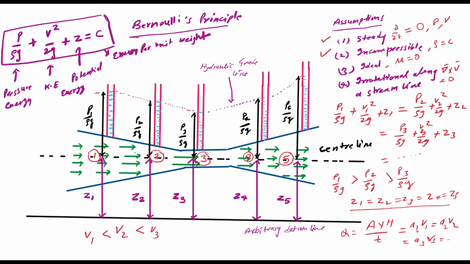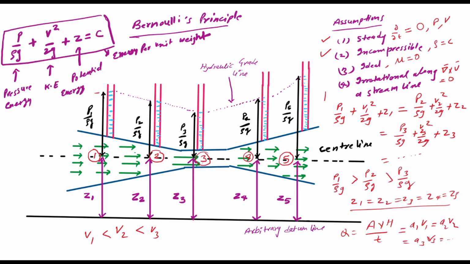We know A, the cross sectional area of this converging diverging tube, because we know its diameter. So we will get the velocities V1, V2, V3, and finally we will put these values here.